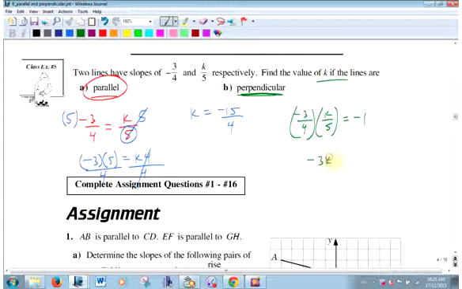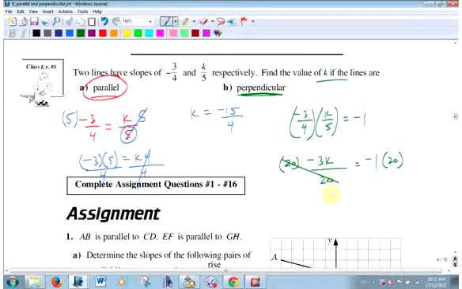Negative 3 times k over 20 is minus 1. How do I solve that for k? I've got to get rid of the negative 3 and the 20. If you like cross multiplying, you would go 20 times negative 1, minus 20, equals negative 3k times 1. That's fine. How do I get rid of 20 here? What if I multiply it to both sides?